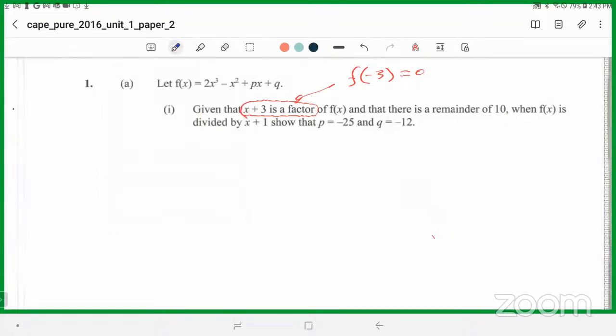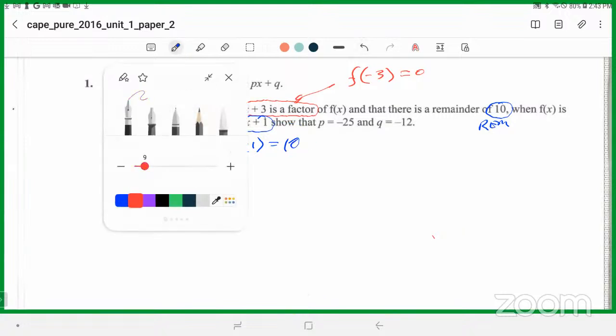So when you divide by this divisor, it means that f of -1 is equal to the remainder, which is 10. That's going to give you a second equation.